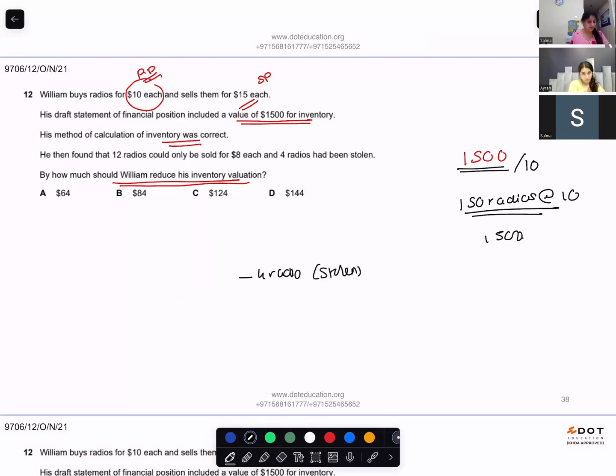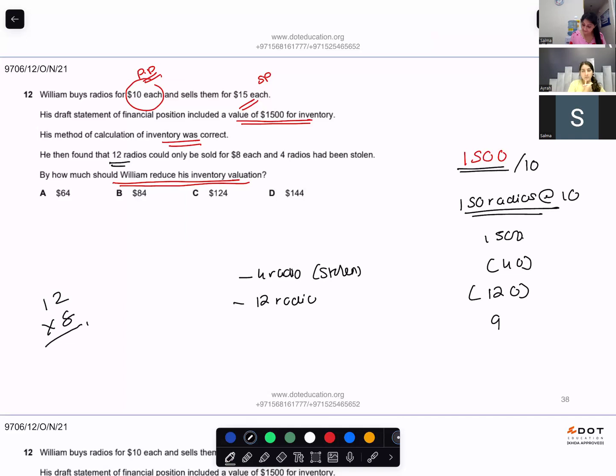If 4 radios are stolen, that means 4 into 10, so 40 will go away. And 12 radios have an abnormal selling price, so 12 into 10, 120 I will remove. And I will add the NRV of these 12 radios.